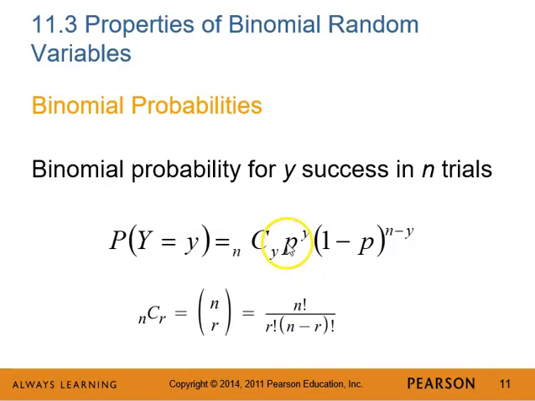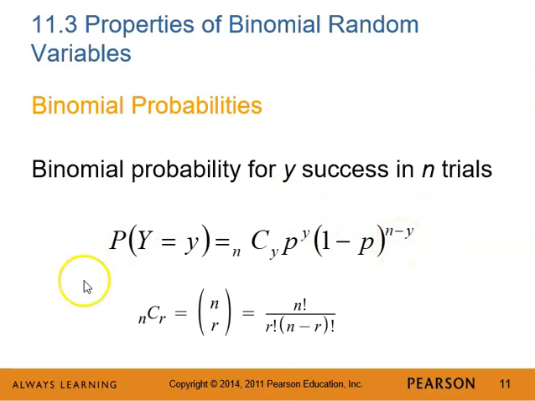And p is the probability of success. And y is, of course, how many successes we are calculating the probability for in this topic. And 1 minus p is the failure. So if you have y successes, how many failures do you have? The number of trials minus the number of successes is the number of failures, right? So this is the probability of failure to the power of how many times failure occurs.